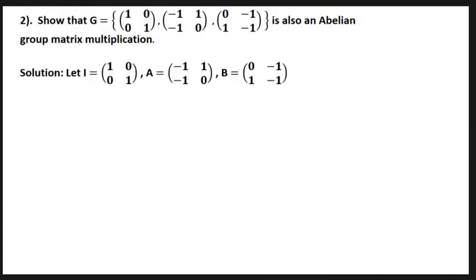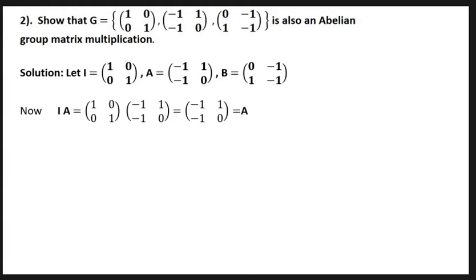Let us consider I is equal to [1 0; 0 1], A is equal to [-1 1; -1 0], B is equal to [0 -1; 1 -1]. Multiply this with an identity matrix, that is I into A is equal to [1 0; 0 1], this is I with respect to 2 by 2 matrices, and A, that is [-1 1; -1 0].